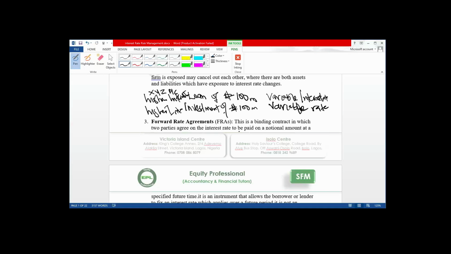A binding contract in which two parties agree on the interest rate to be paid or the interest rate to be received on a notional amount at a specified future date.